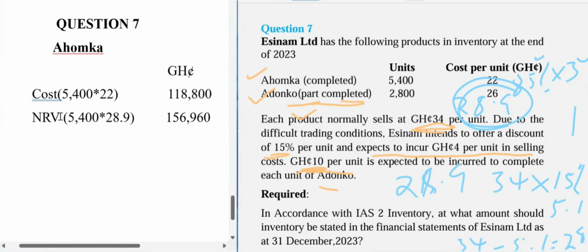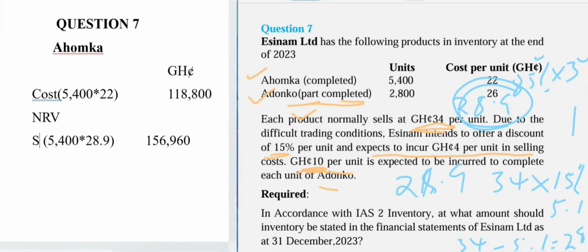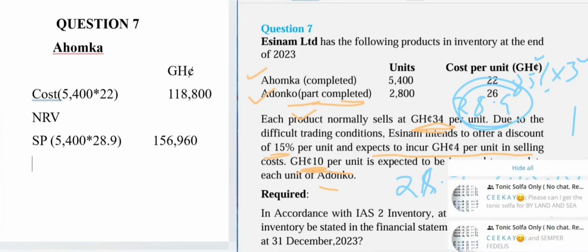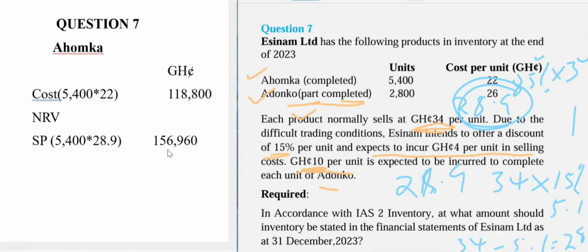So then let me bring this one down here. This is the selling price. Then we are going to less the cost to sell. The cost to sell is per unit, so you have to multiply.